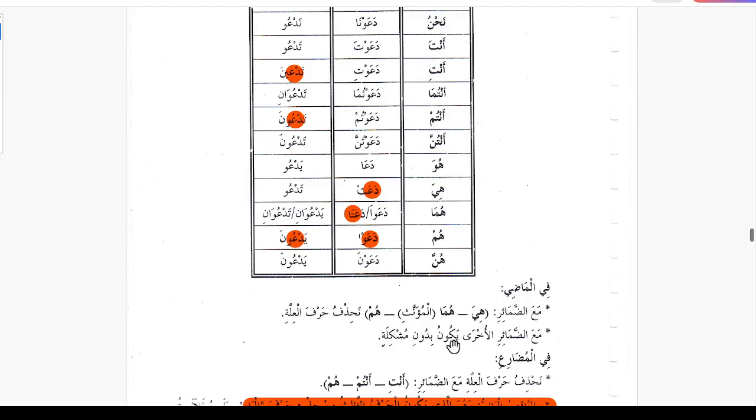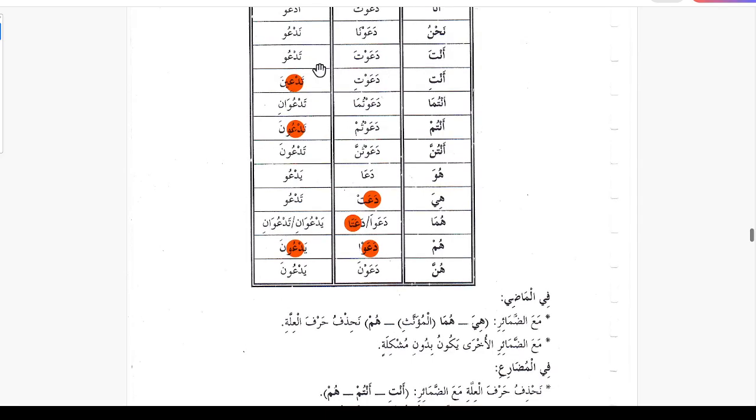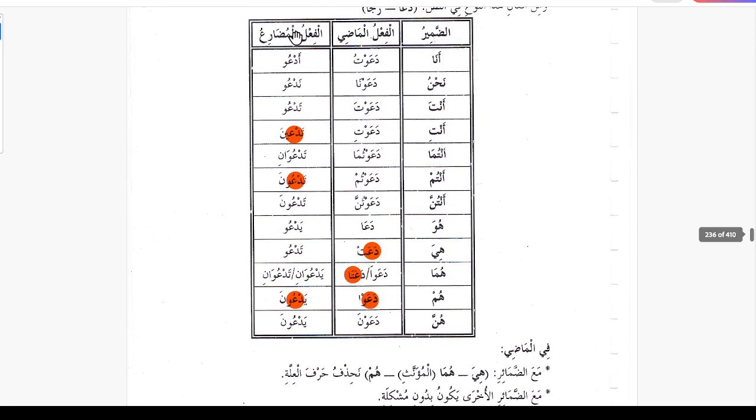Ma damairul ukhra yakunu bidul al mushkila, there is no difficulty for the other pronouns. And in the case of mudare, nahzifu harfil fa damair. So similarly in the case of mudare, the harful illa is omitted for anti, antum, hum, which we can see here. For anti tad'ina, there is no waw, like we see here. Huwa yad'u, tad'u, adu, nadu, yad'uwani, tad'uwani.